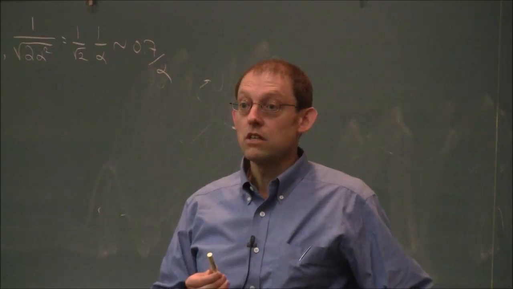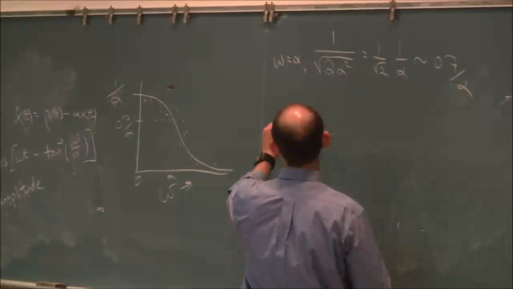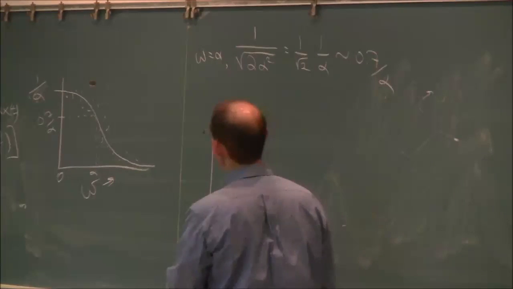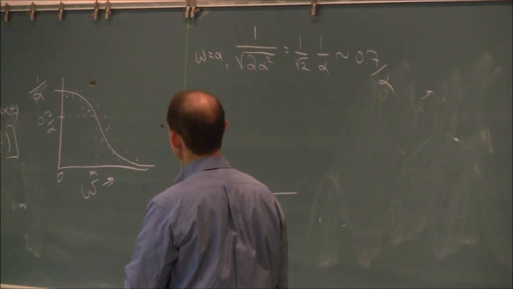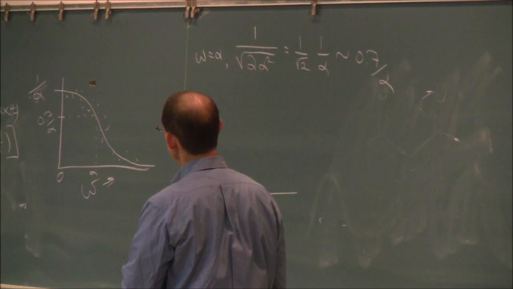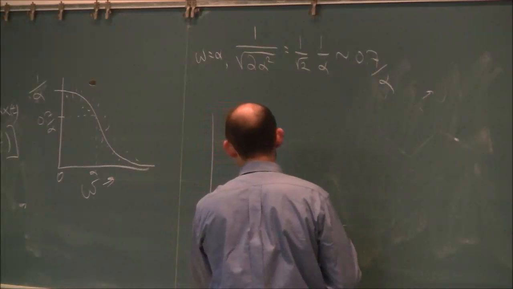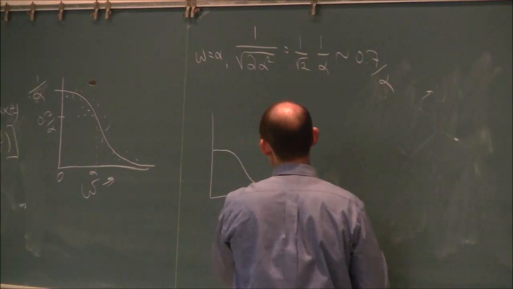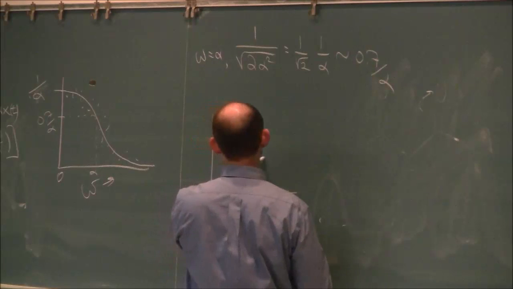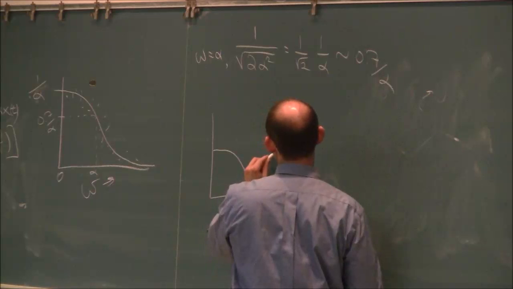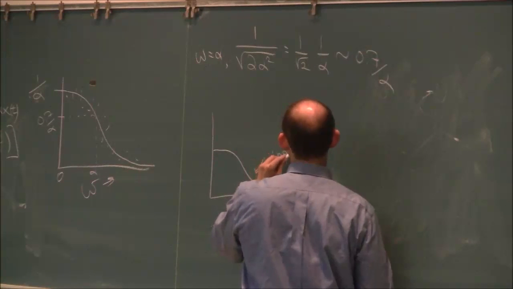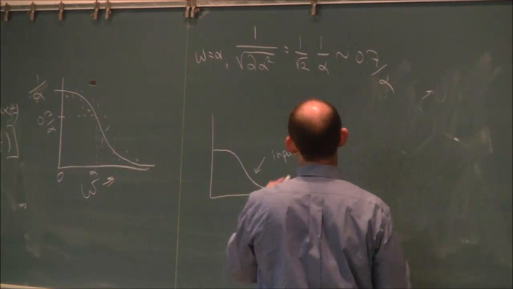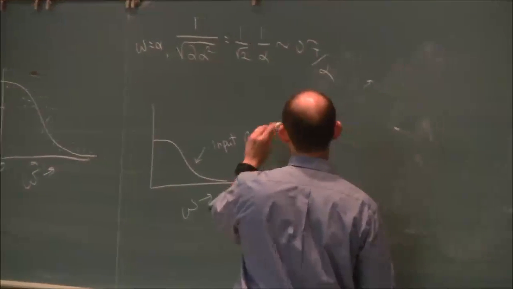So here, you could also do an experiment where, as a function of omega, this is the amplitude again. You could do one experiment where the input is beta 0 cosine omega t.